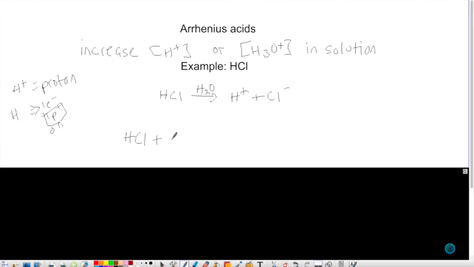HCl plus water. Now this is the water that's going to be my carrier, yields H3O+ plus Cl-. This is our preferred method in this unit of writing what's going on in this reaction.